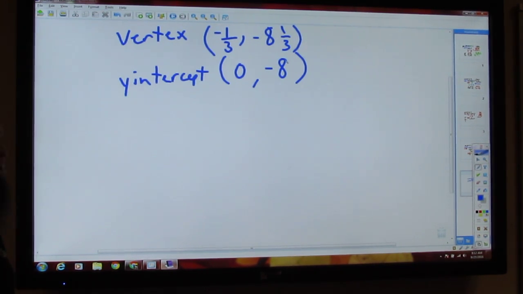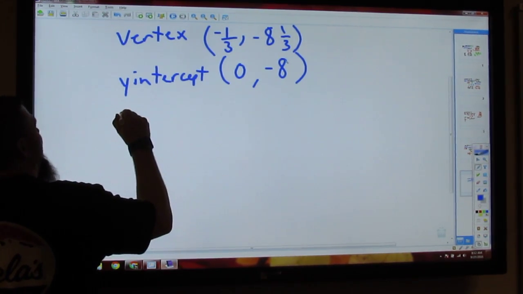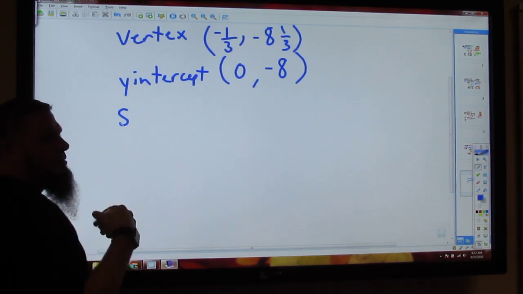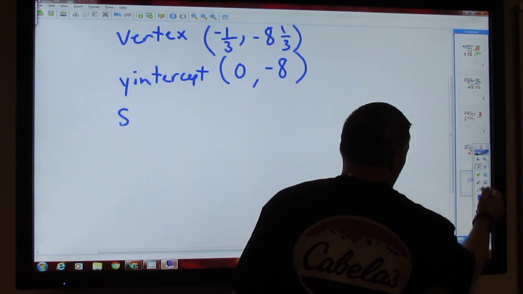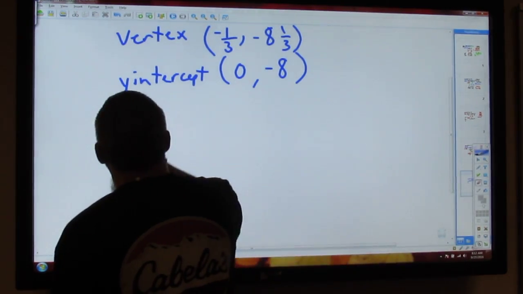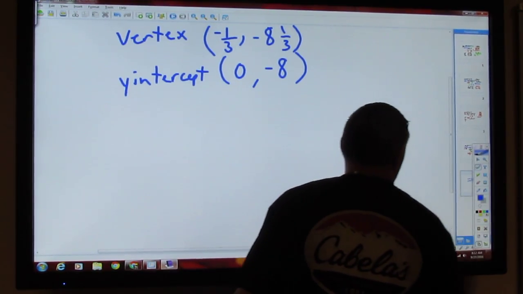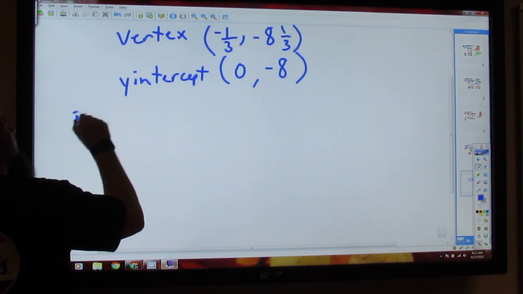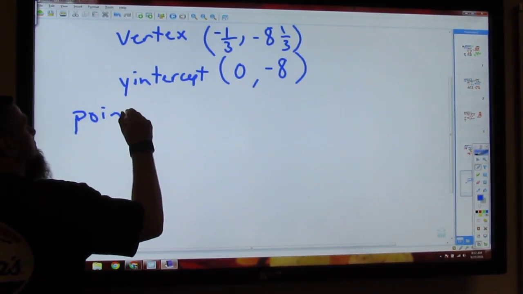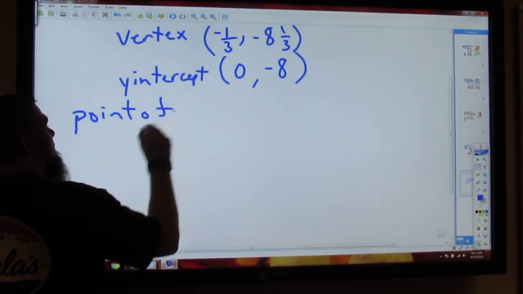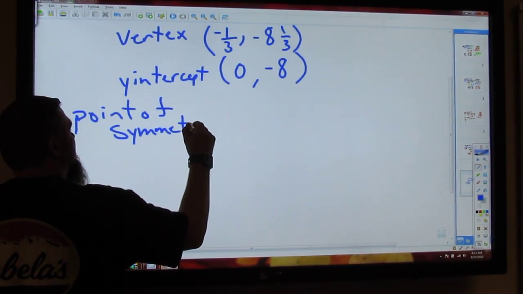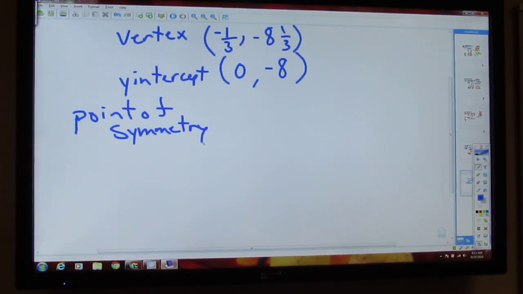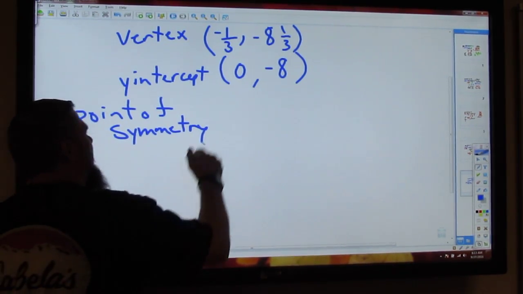The symmetrical point was the next point we found. I call it the point of symmetry. What was that point?